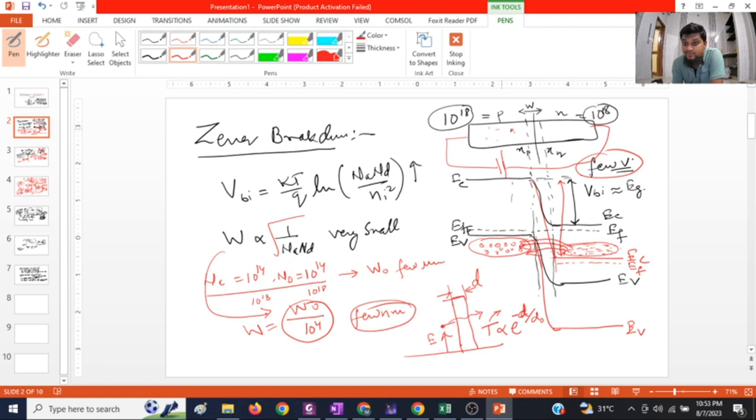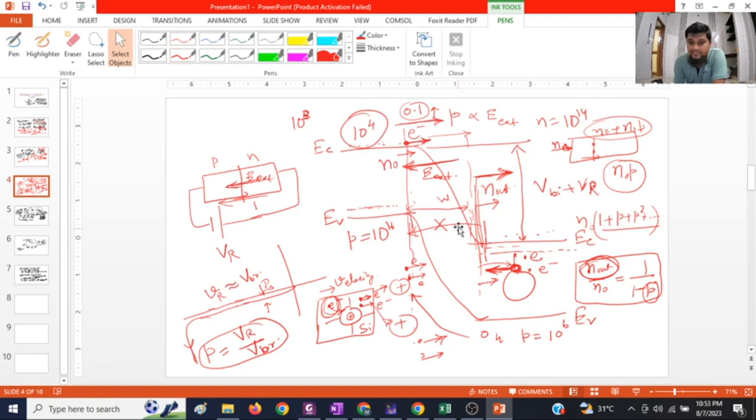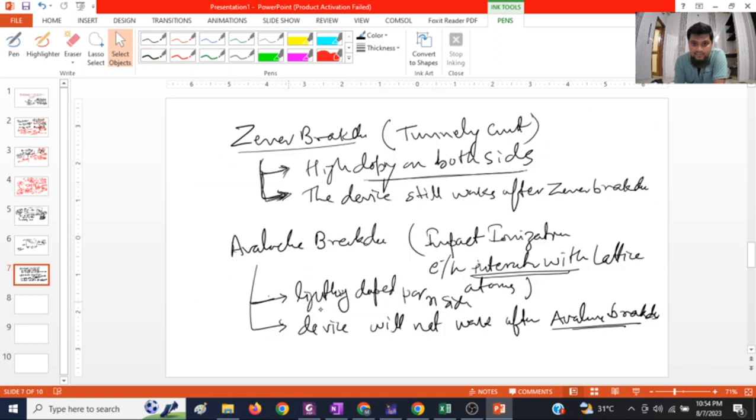Only the charge distribution has changed. However, in case of avalanche breakdown, because of this impact ionization, the junction region atoms are knocked out directly. So that has changed, and the device will not work after avalanche breakdown.